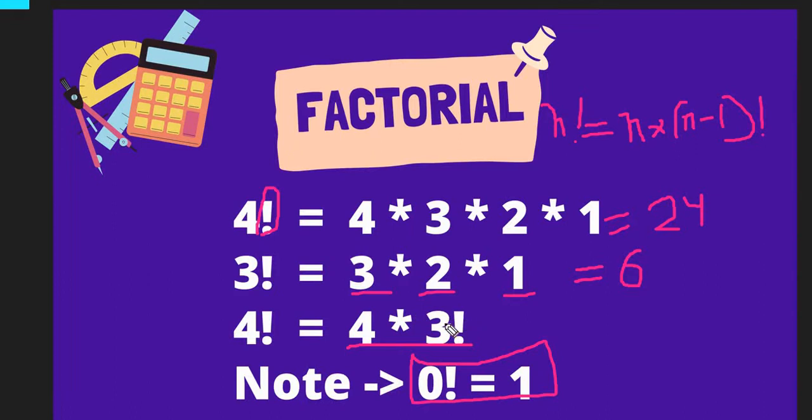Because you see, 4 into 3 factorial means 4 into 3 into 2 into 1, right? So that's why this is an important observation which needs to be noted, because we are going to use this observation to calculate the factorial.